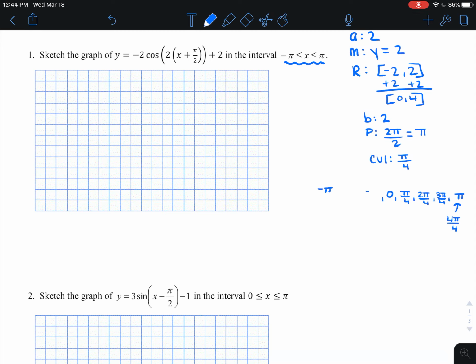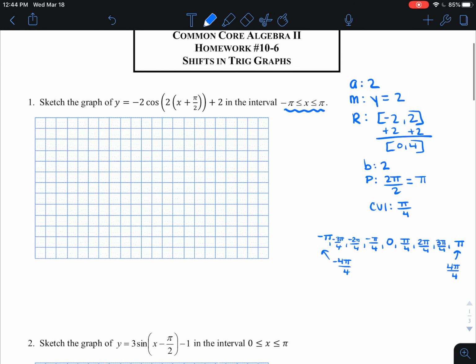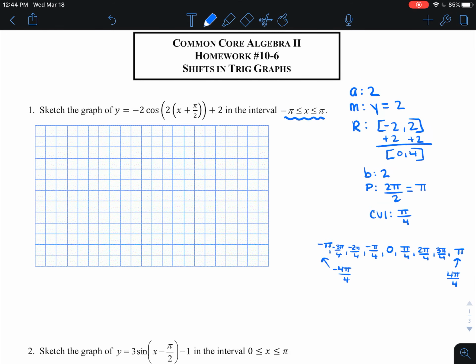So then I just need the same values with negatives in front going the opposite direction. So -pi over 4, -2 pi over 4, -3 pi over 4, and then this is -4 pi over 4, which is just -pi. So those are the values I will label my x-axis with.